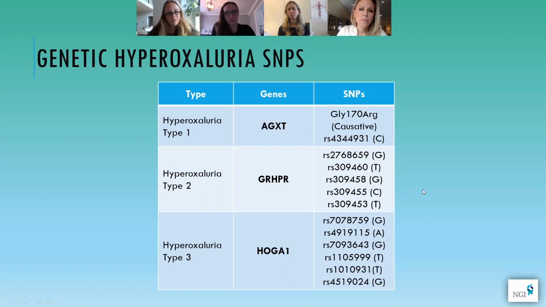What I'm going to do now is ask my team members to chime in here, and we're going to talk about what we do in terms of treatment and intervention when we see these different variants. Because there's not a whole lot of literature in terms of genetic hyperoxaluria type 2 and type 3.